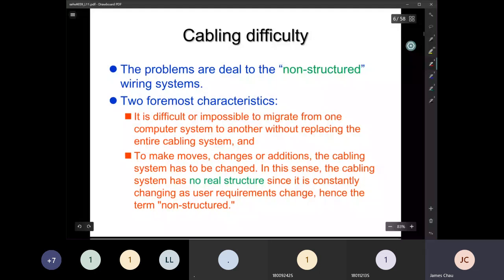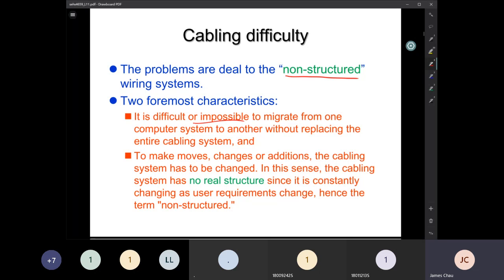Now here we give you a summary about the cabling difficulty. What we call legacy systems all have no structure. They are non-structured. Therefore, it is impossible to migrate the computer system from one to another without replacing the entire cabling system.